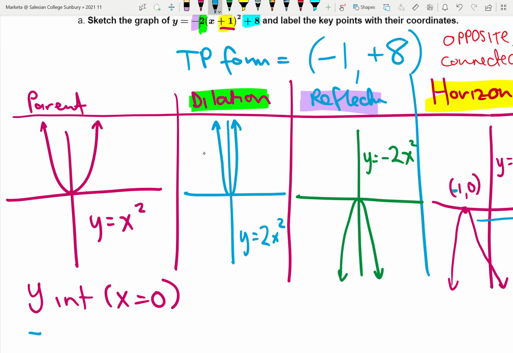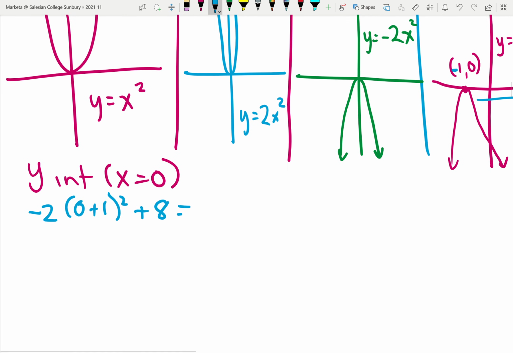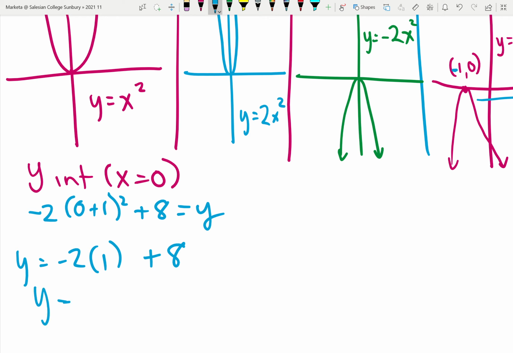So I have -2(0 plus 1) squared plus 8, and that's going to equal y. So y equals -2 times 1, 1 squared is 1, plus 8. y equals -2 plus 8 is 6.